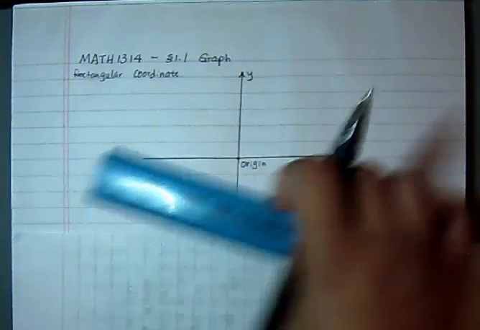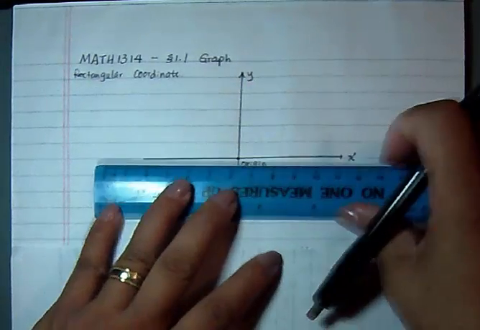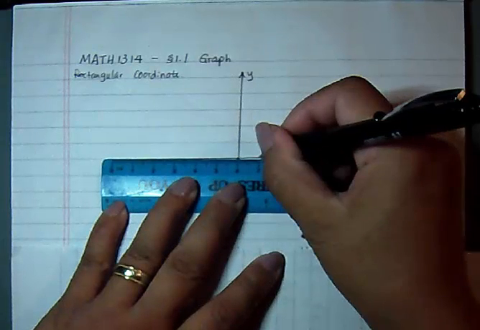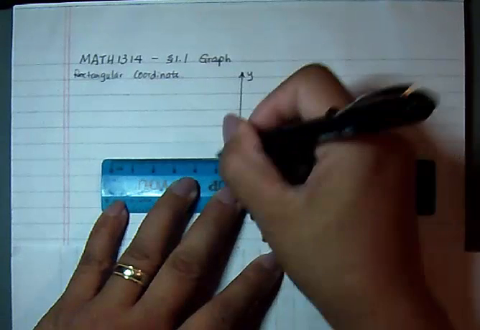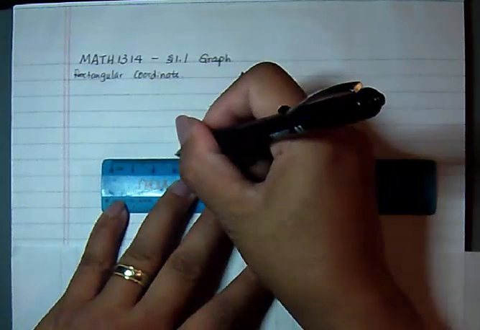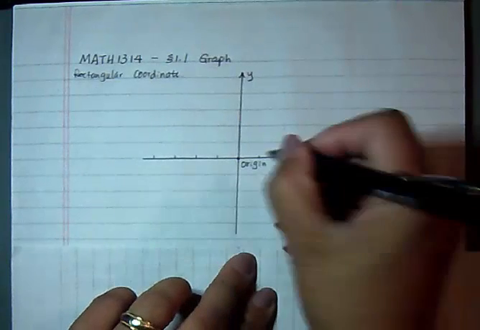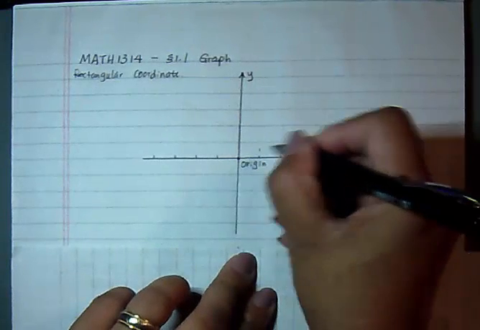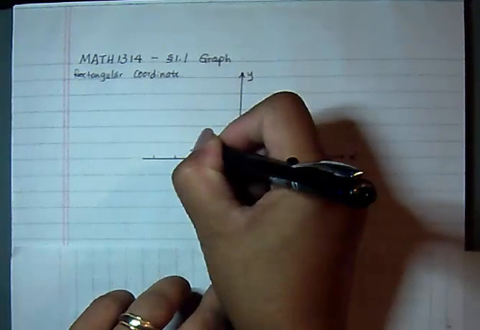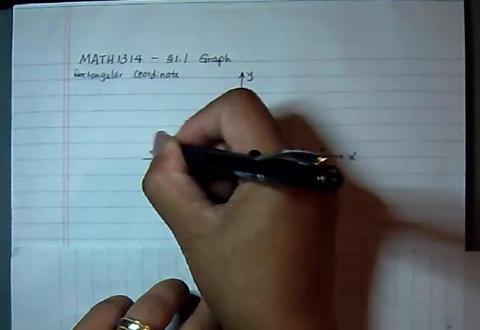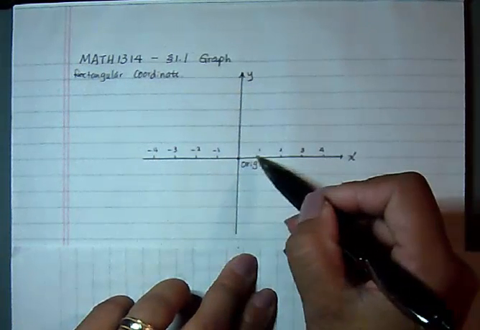For the coordinates, for x, everything on the right-hand side is a positive number, and everything on the left-hand side is a negative number. In here, I'm just going to mark the integers 1, 2, 3, 4, -1, -2, -3, -4, just like a number line.